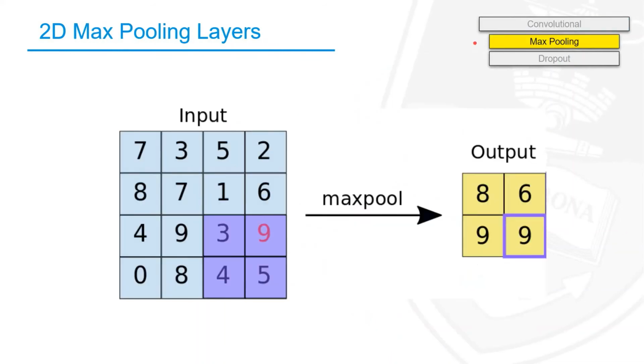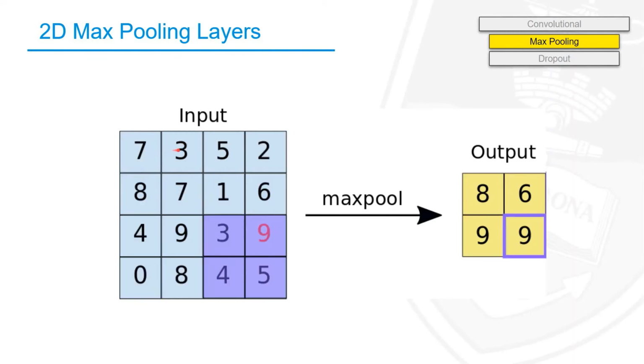The second layer we're going to have a look at is your max pooling layer. A max pooling layer allows the network to reduce its dimensionality. Convolutional layers tend to expand dimensionality, so max pooling layers are designed to reduce it. The max pooling will take a group, so this one here is a 2 by 2 grid. It will find what is the highest number in that grid.